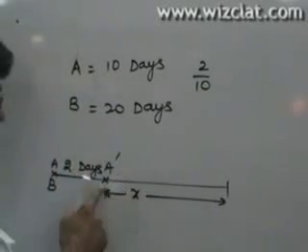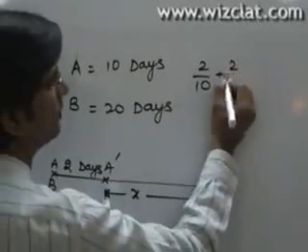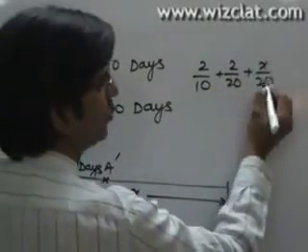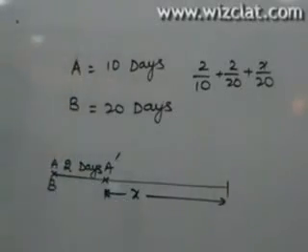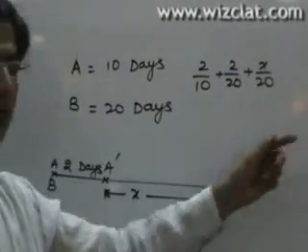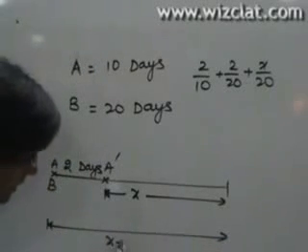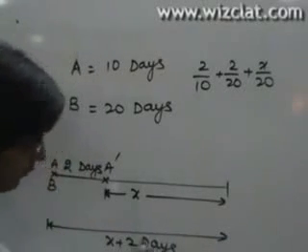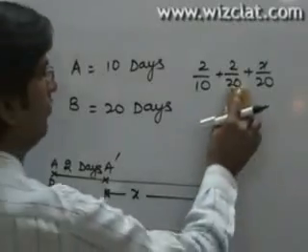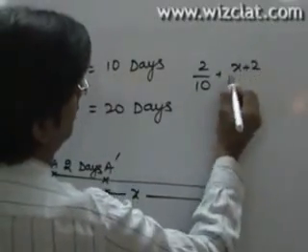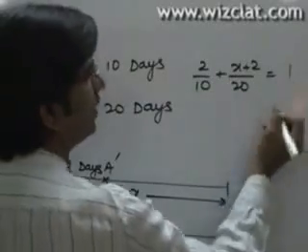So rather than writing 2 by 20 and X by 20, since B worked for X plus 2 days, the total amount of work done by B will be X plus 2 by 20, and together they did one work.